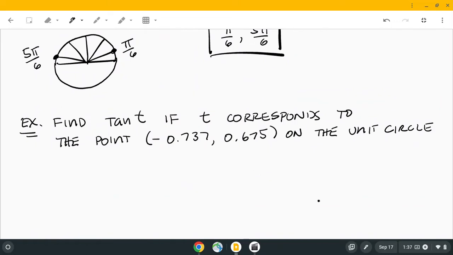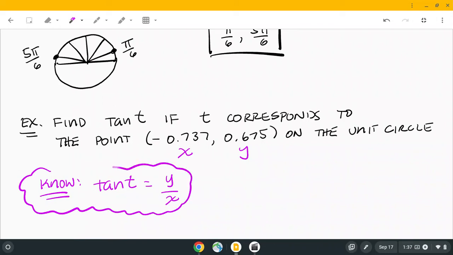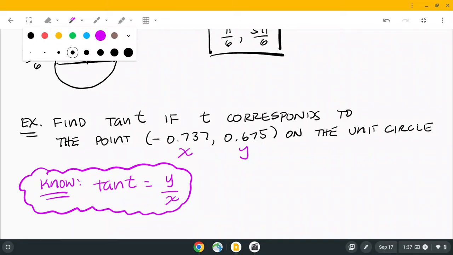We already know this is x, this is y, and that tangent t equals y over x. We're going to use all of these pieces of information. We know our x and y, so we should be able to find tangent t, which is what they're asking us to find.